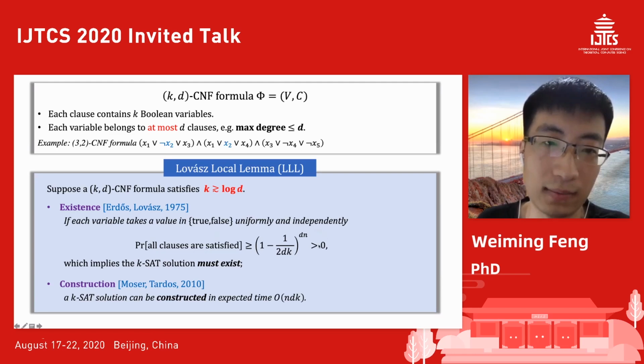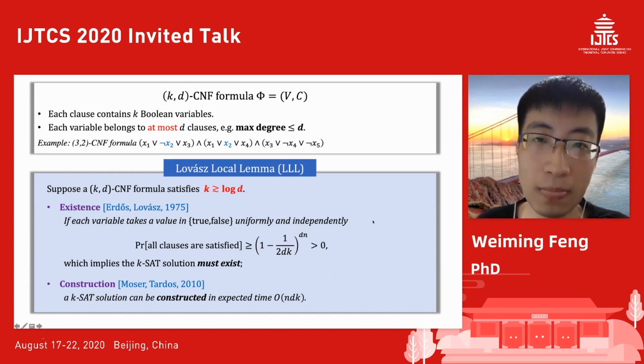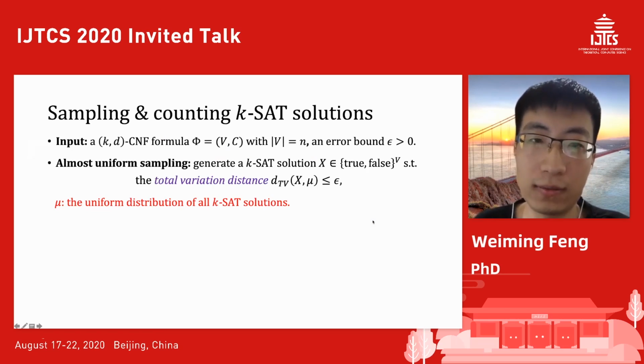This implies the SAT solution must exist. As we can see, this proof is non-constructive. Later on, Moser and Tardos came up with a famous algorithm that constructs a specific KSAT solution in linear time under the same condition. Our work focuses on the sampling and counting problems.